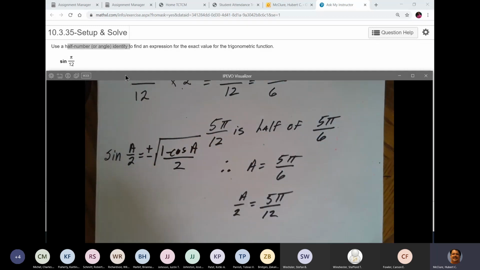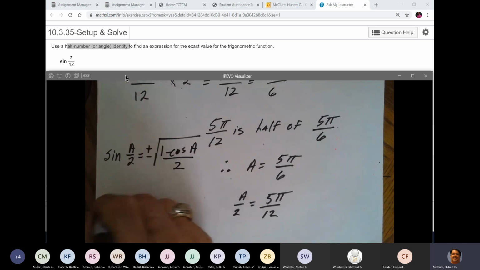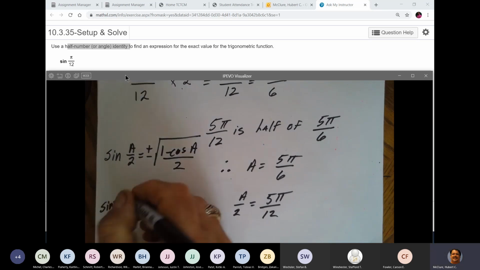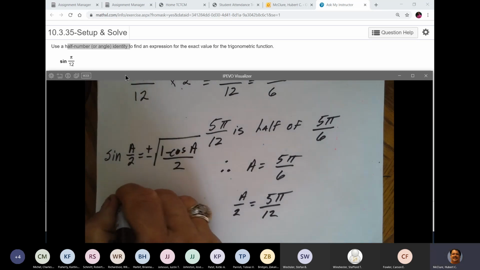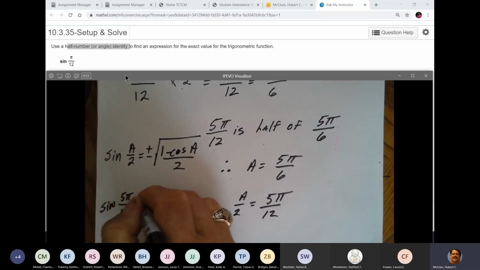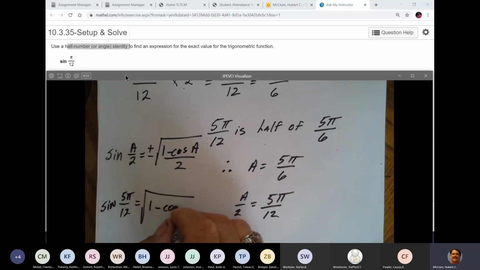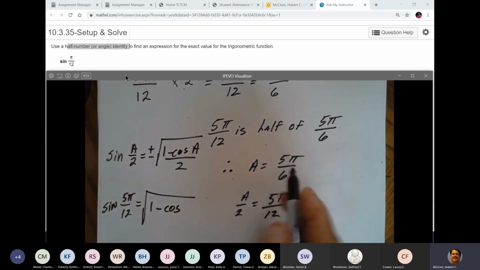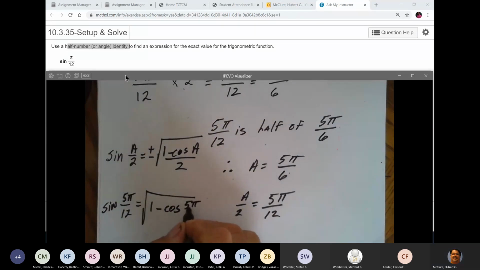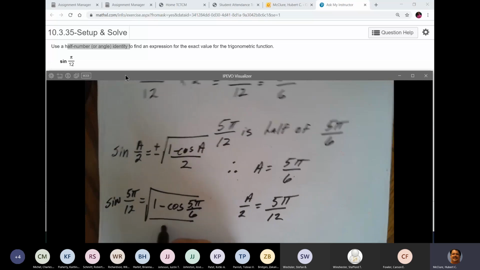And we know it's going to be in the first quadrant. Both of these are in the first quadrant, so we're going to use the positive. So sine of 5 pi over 12 is equal to the square root of 1 minus cosine of 5 pi over 6, over 2.